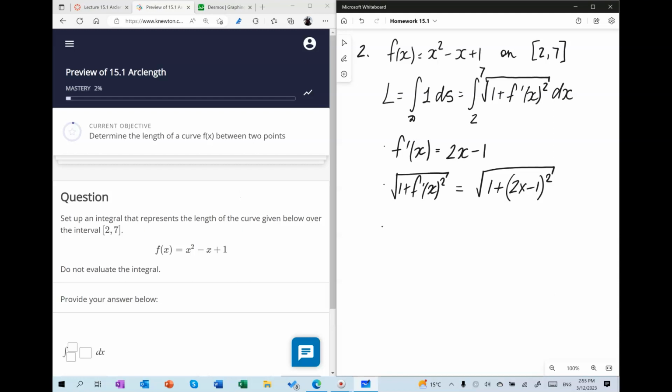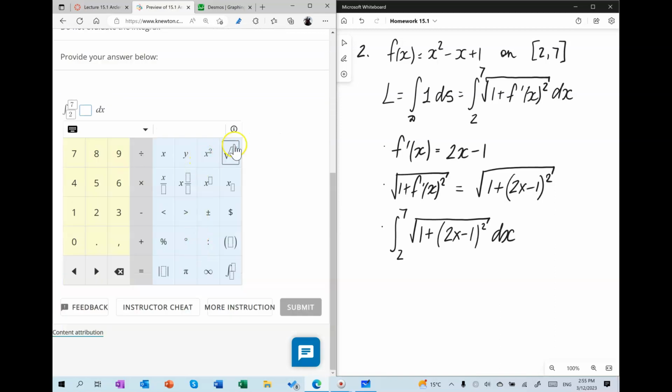And the final step will be to set up the integral, although we are not asked to find it. That will be the integral representing this arc length. So the lower bound is 2, the upper bound is 7, and the integrand has the square root of 1 plus 2x minus 1 squared.